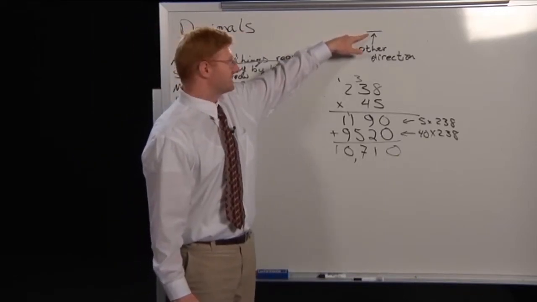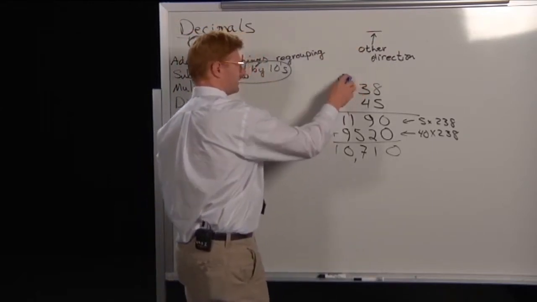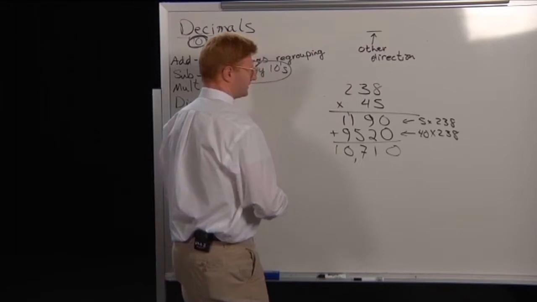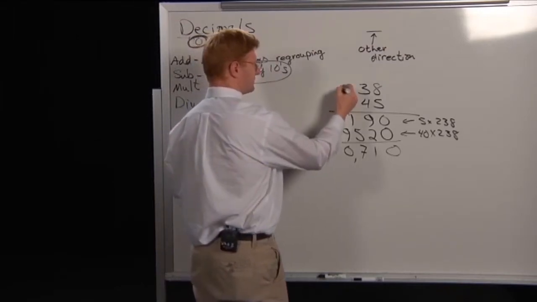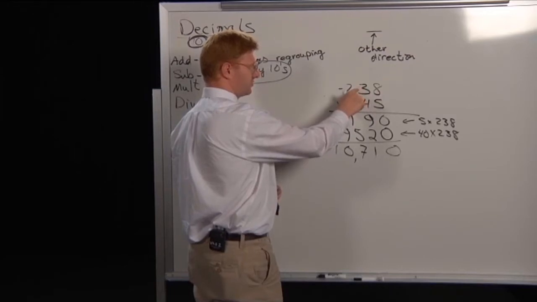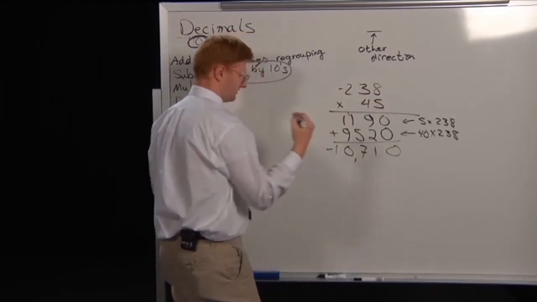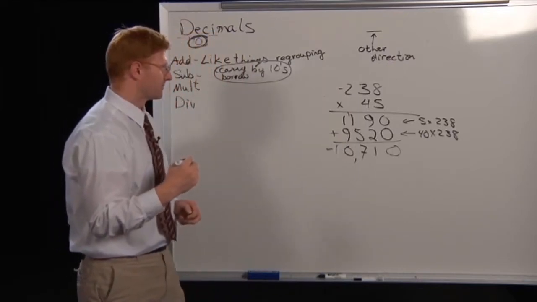It always has. That's what it does. So if either one of these were negative, such as negative 238 times 45, we have 238 times 45 in the opposite direction becomes a negative.